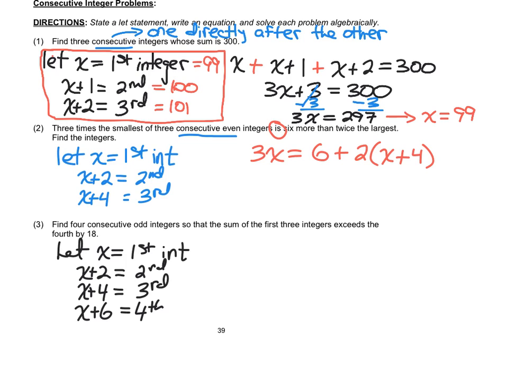This time we have 4 consecutive even integers, so we have to account for that. So the sum of the first 3... Aren't those consecutive odd integers? Oh, I'm sorry, consecutive odd integers, I misspoke. You've added like even numbers. Yeah, because every odd integer is separated by 2.